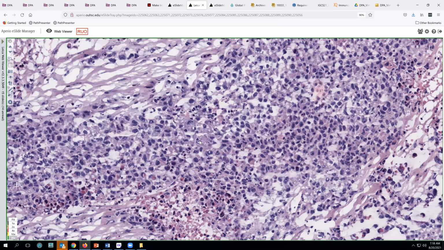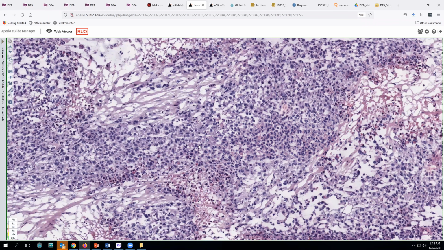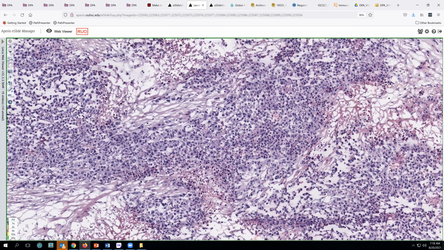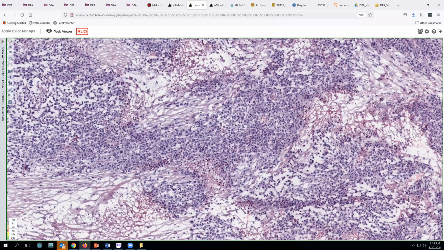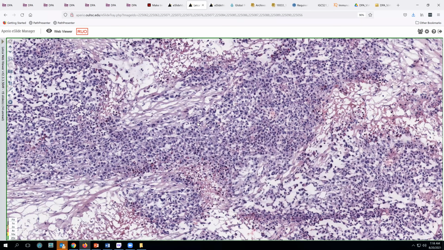So I think the differential in this situation really resides in a young woman between a germ cell tumor, probably dysgerminoma, maybe yolk sac tumor, and some sort of a sex-cord stromal tumor or something of that sort, a juvenile granulosa cell tumor or a high-grade Sertoli tumor would be considered in the differential diagnosis.